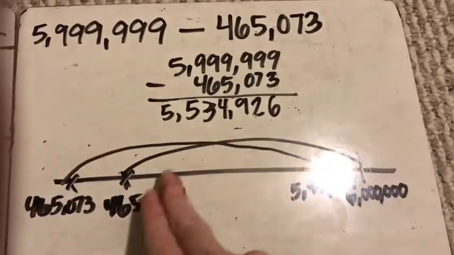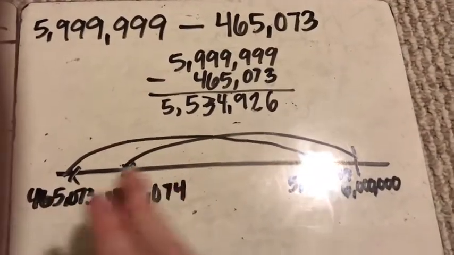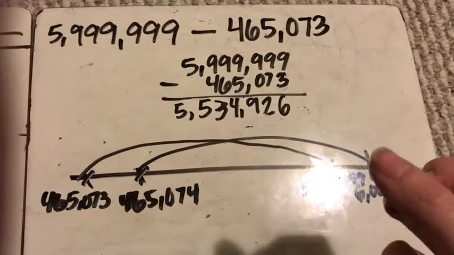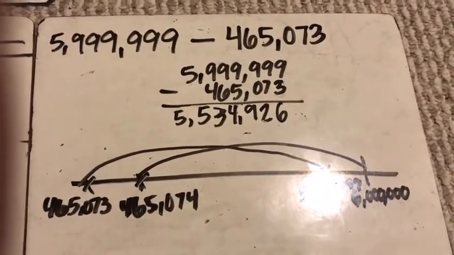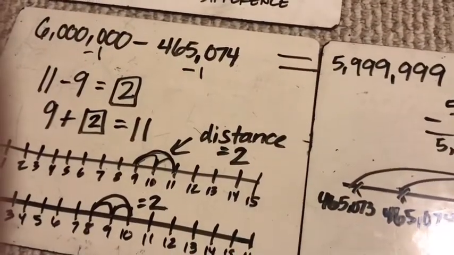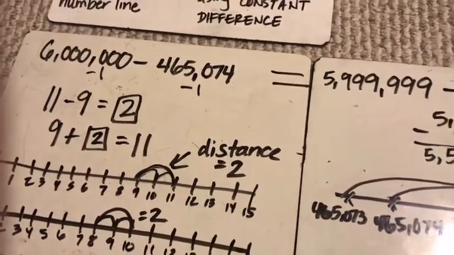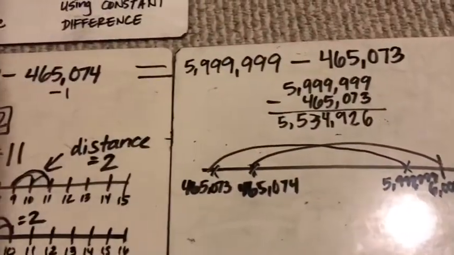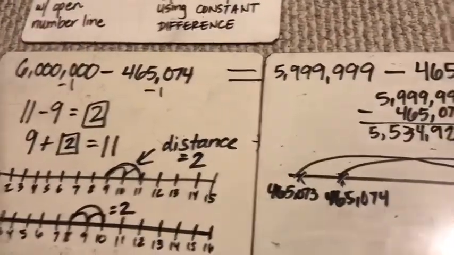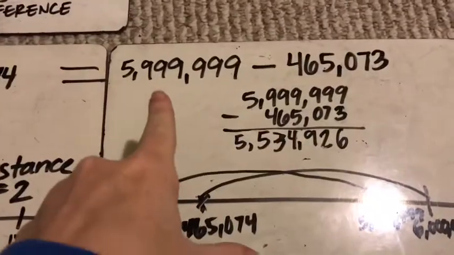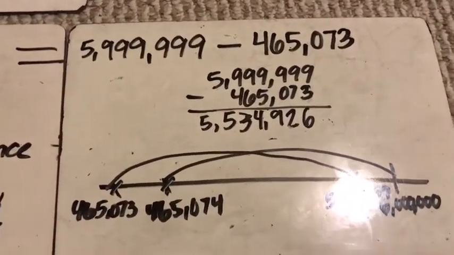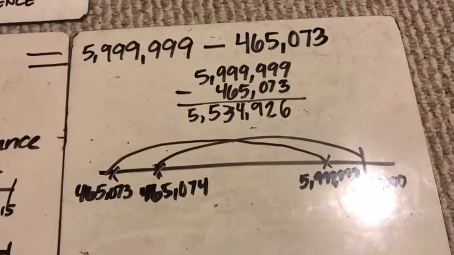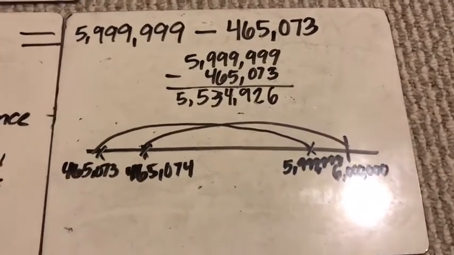But this distance is going to be the same regardless, because I'm just shifting that problem the same amount up or down the number line. So I could have added the same number to both of those problems, but for this problem it made sense for me to just take 1 away from both of them, because then I've created an equivalent problem that does not require any regrouping. So that makes it an easier equivalent problem with a constant difference.